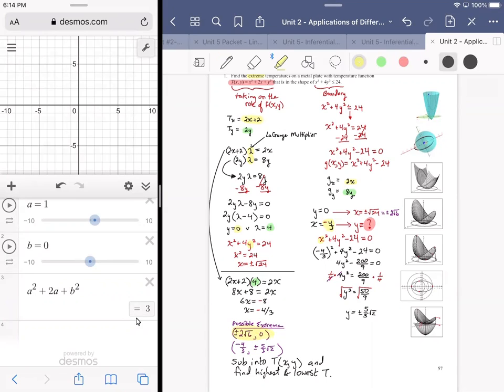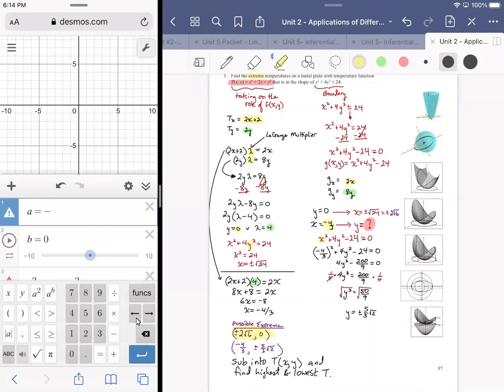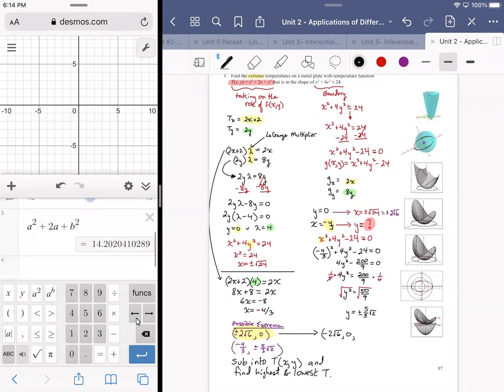So my A value, I'm going to just type in a negative 2 rad 6. So that's the equivalent of that decimal. So we do kind of have to itemize it a little bit, but we can start getting into approximations here. All right, so we have negative 2 radical 6 comma 0 comma about 14.2.